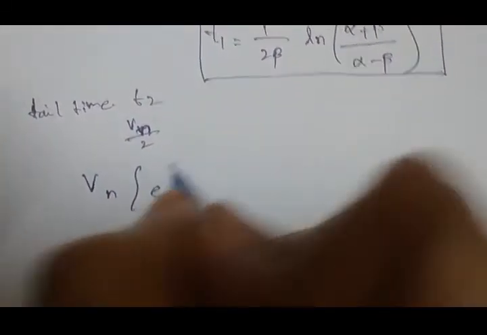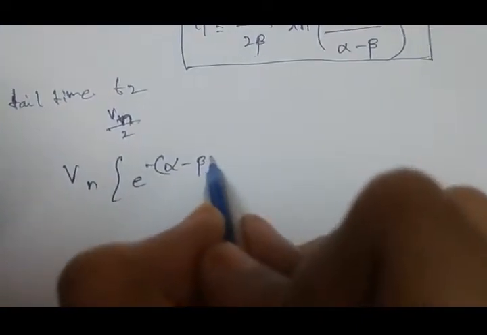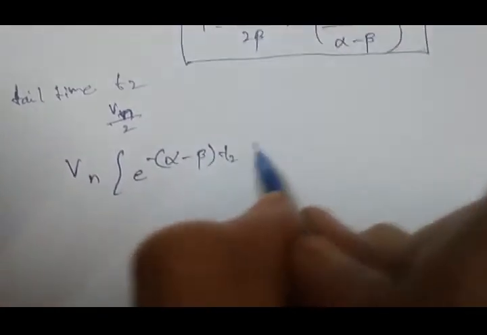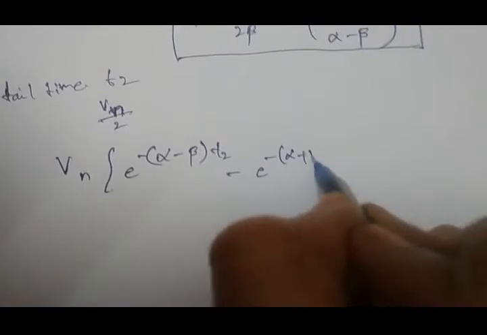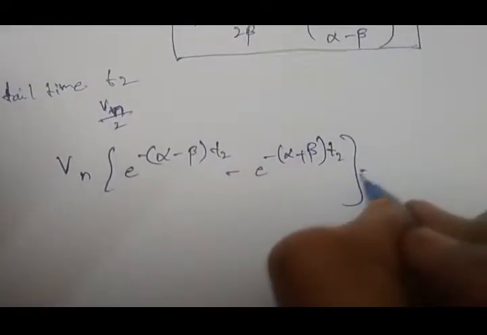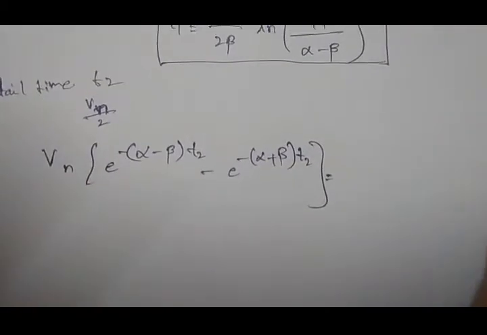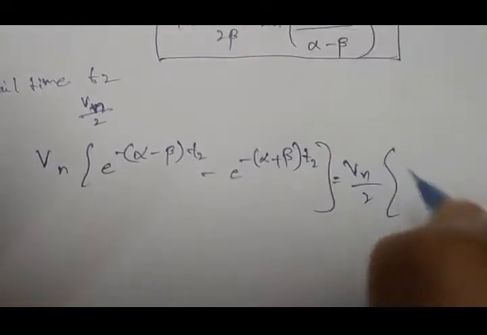Here we are replacing. So this is your Vn and e power minus alpha, this is your T2. Compared to your V1 expression, the magnitude will be reduced by 2.